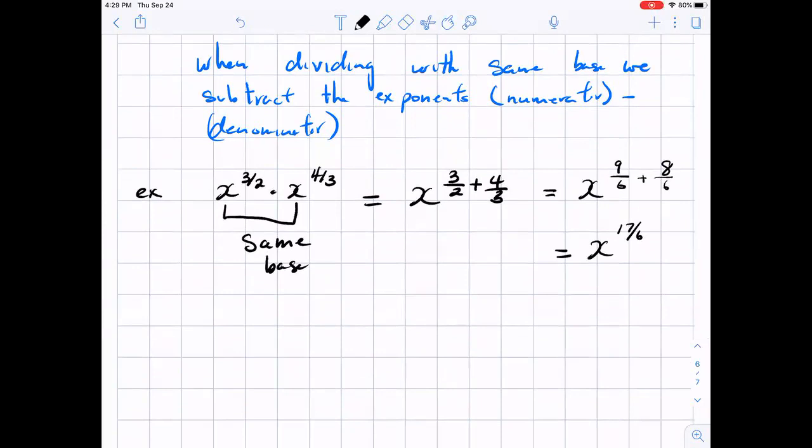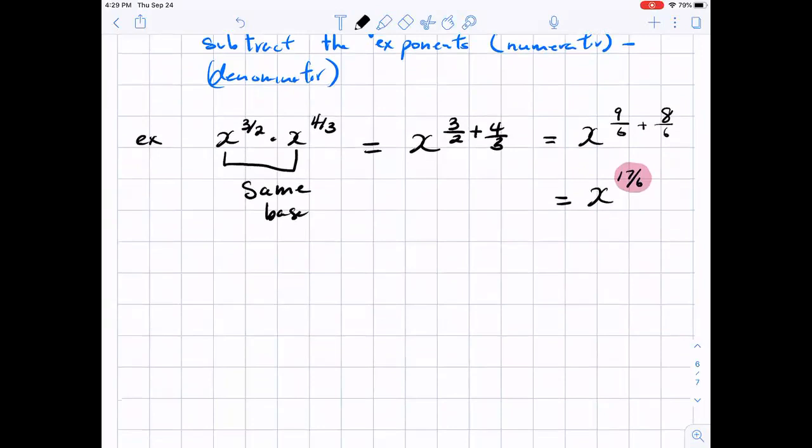And there's no need to simplify this, you leave it as an improper fraction, it's okay. So all of the properties we're looking at will be the same.